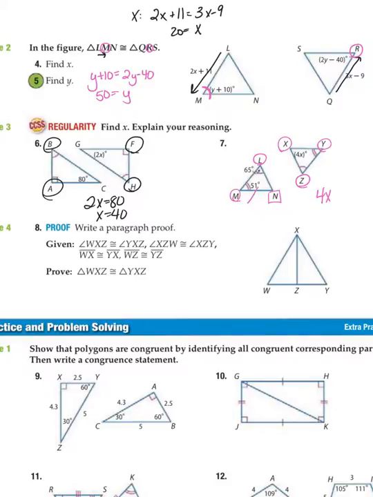Since there's 180 degrees in this triangle, then 65 plus 51 is 116 that I need to take away from 180 to have that N is 64 degrees. So I know that my 4X is 64 degrees. X is 64/4, which is 16.